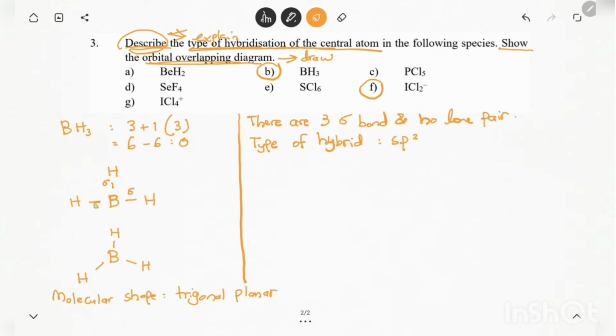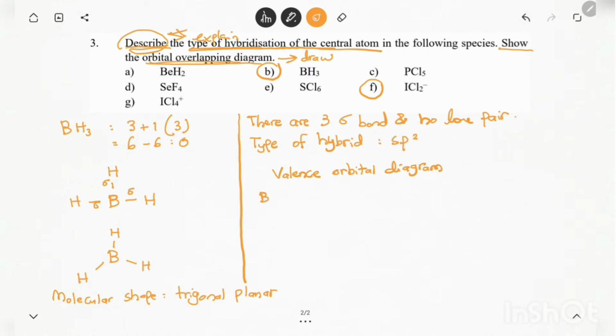Then we need to draw the valence orbital diagram for both the central atom and terminal atom. Valence orbital diagram means the orbital diagram for the valence electrons.